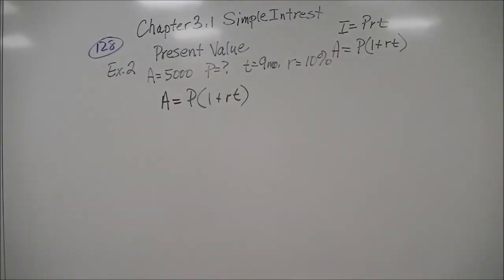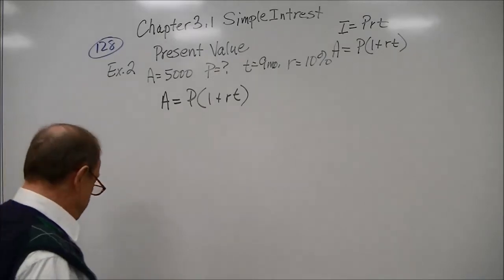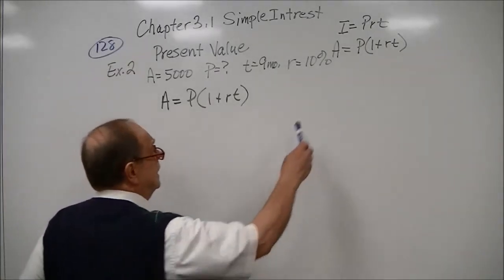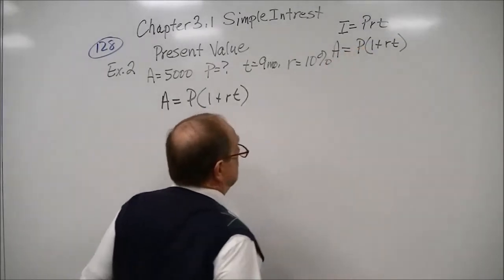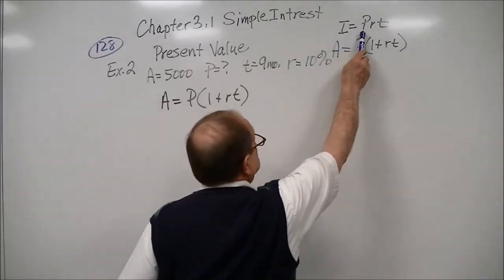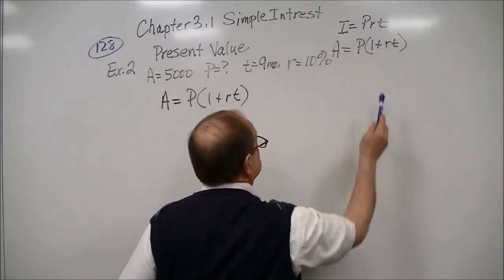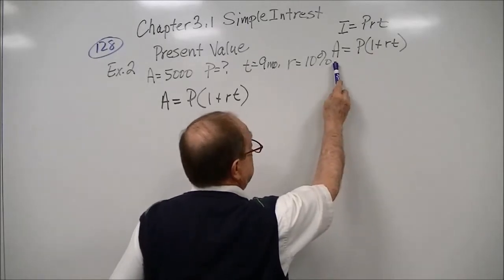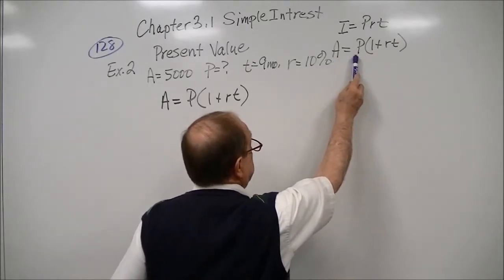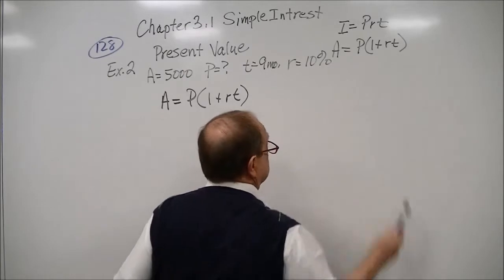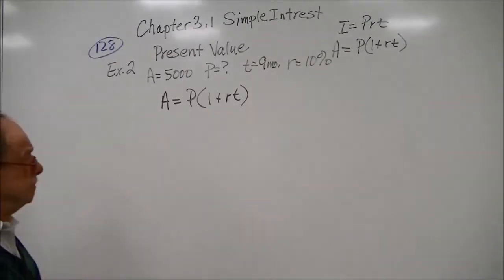We're going to continue our work on Chapter 3, Section 1, Simple Interest. And keep in mind, we reviewed these basic formulas. Interest equals principal times rate times time. And this is current amount equals principal times this in parentheses.